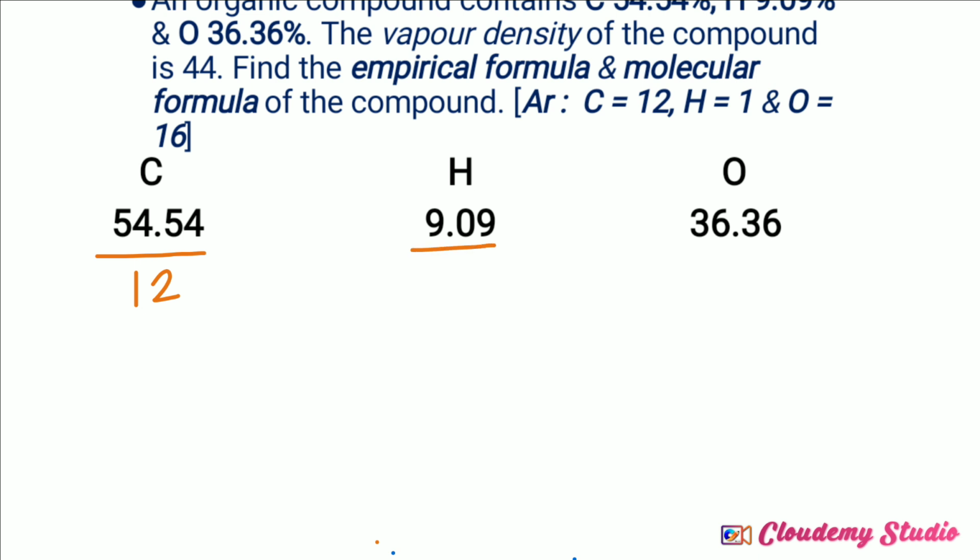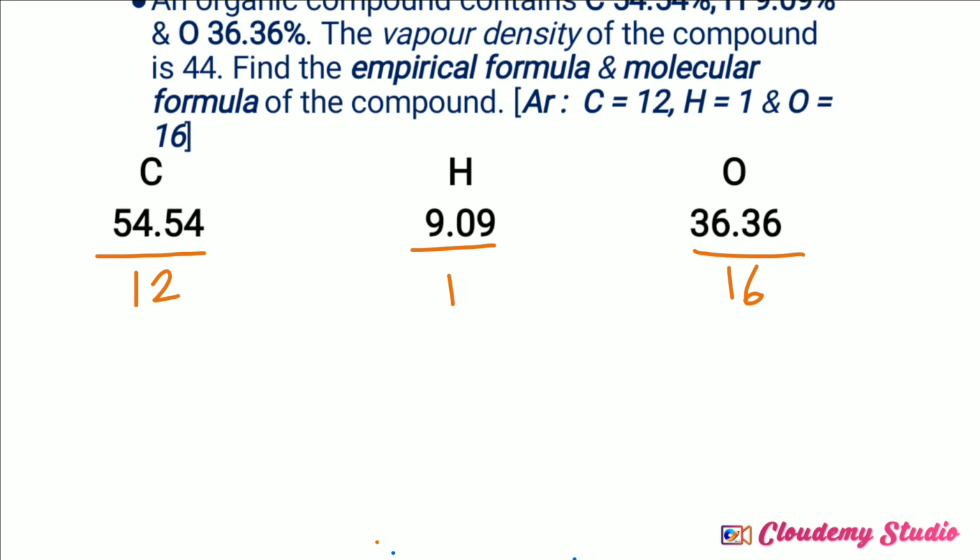For hydrogen, as we are calculating the moles of atoms, the molar mass refers to the relative atomic mass. Therefore, 9.09 is divided by 1. Oxygen is divided by 16, so 36.36 is divided by 16.